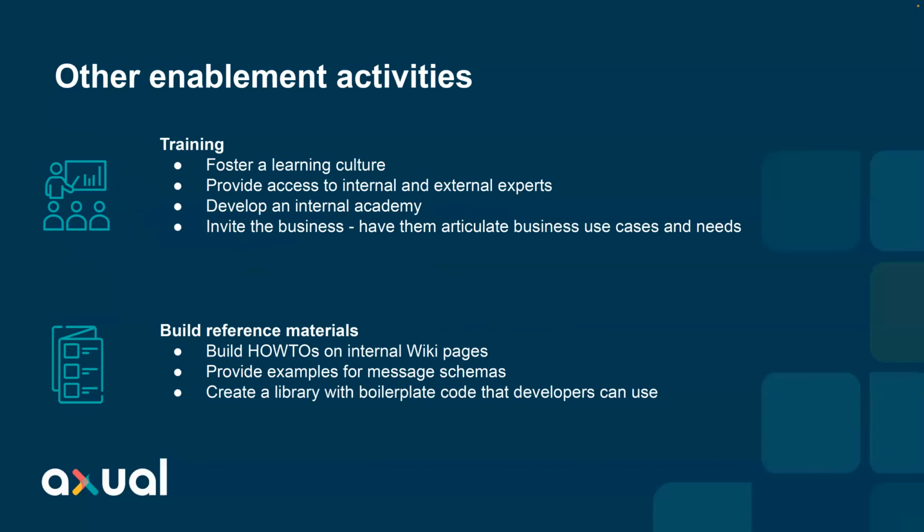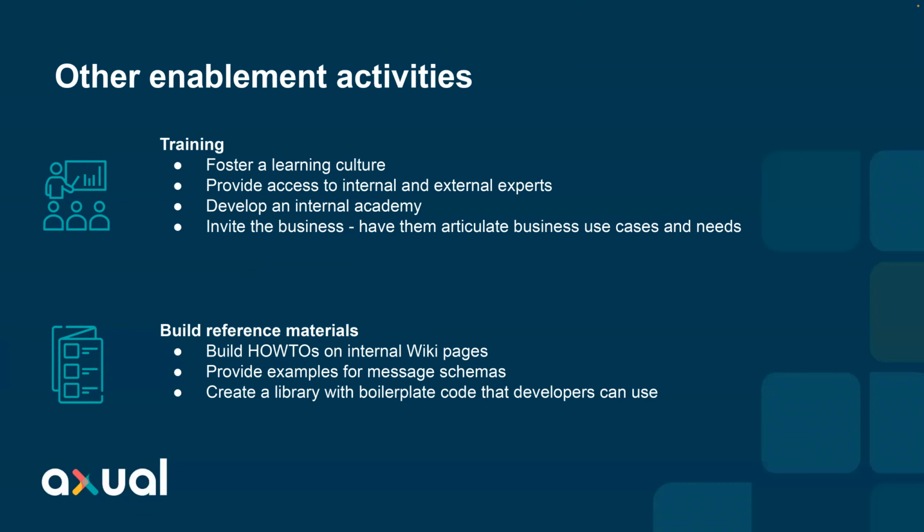And of course, there are other enablement activities as well. In general, you do want to give the right trainings to the right people. It's not just these teams that I just showed, but in general, there's a multitude of teams involved with the applications connecting to Kafka. So having a learning culture is very much appreciated. People need that.